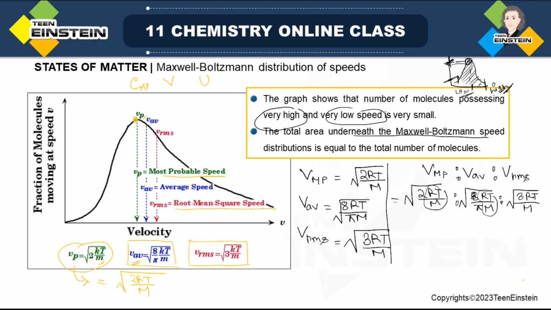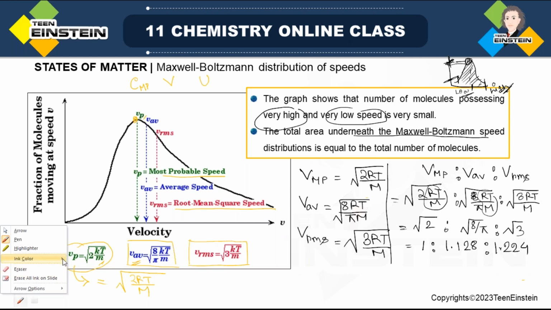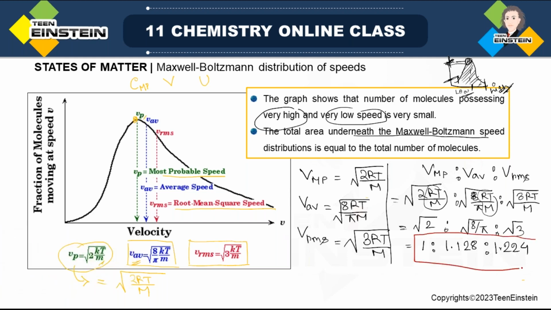So just cancel it. Now you are remaining with root 2, root over 8 by pi, and root 3. If you simplify and take the actual value, you will finally reach this ratio, 1 is to 1.128 is to, so this is the ratio of these three velocity terms.